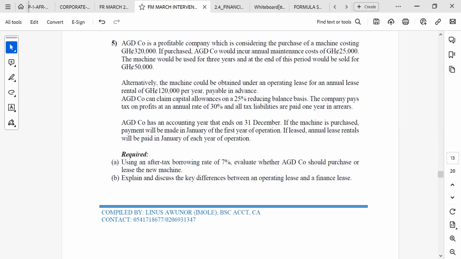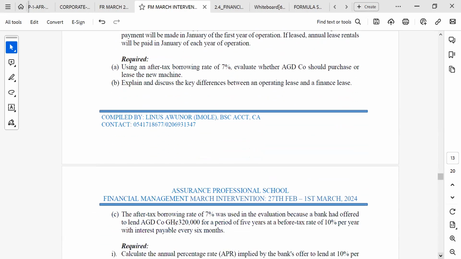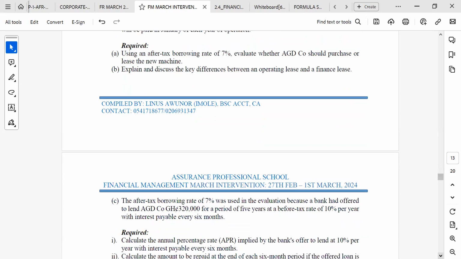If leased, annual lease rentals will be paid in January of each year of operation. Required: A, using an after-tax borrowing rate of 7%, evaluate whether AGD Co should purchase or lease the new machine. B, explain and discuss the key differences between an operating lease and a finance lease.